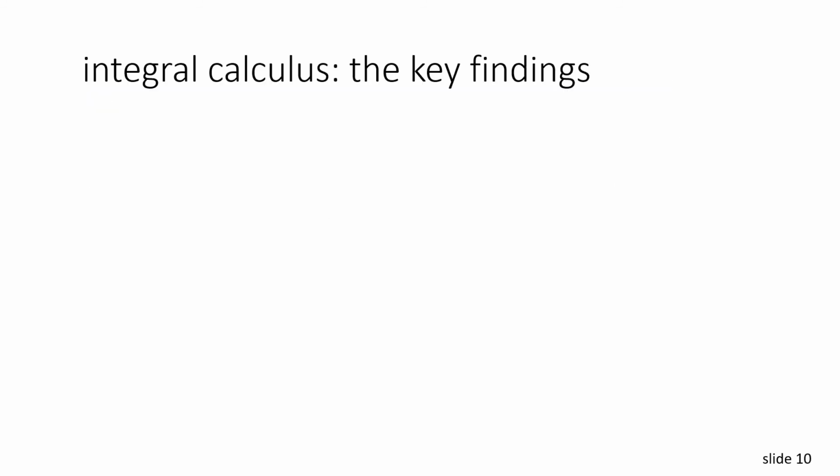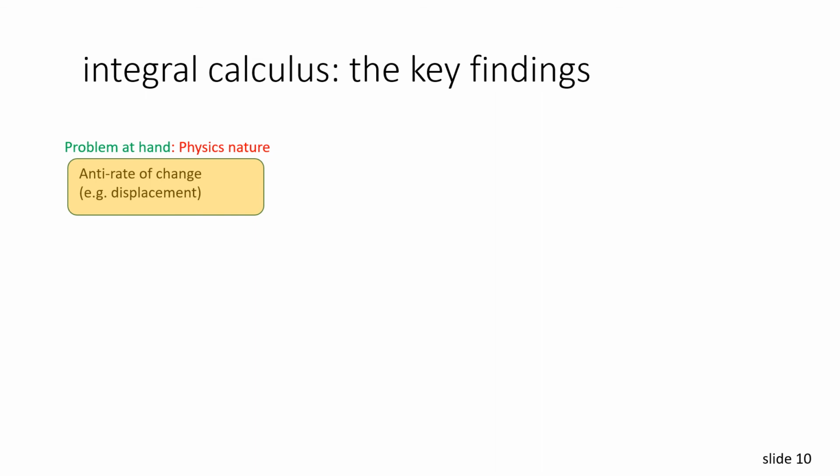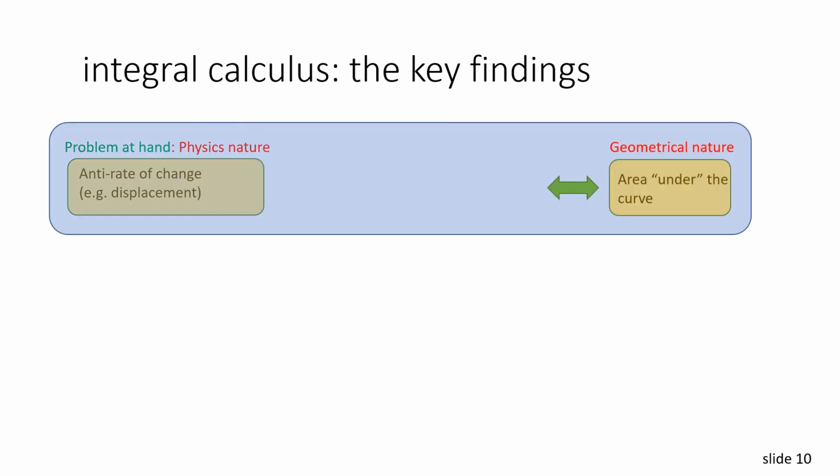All right, now let's summarize the key findings of integral calculus, which is calculus about integrals. 1, we know that the problem we are trying to solve, finding the displacement from velocity, is physics-based. And oh yeah, by the way, displacement is also called the anti-rate of change. 2, the geometric meaning of the integral is the area under the curve.